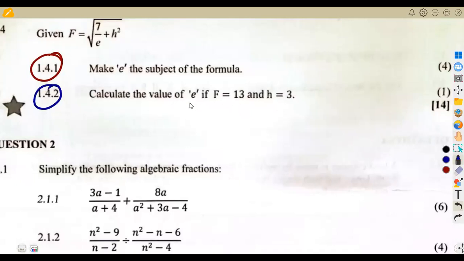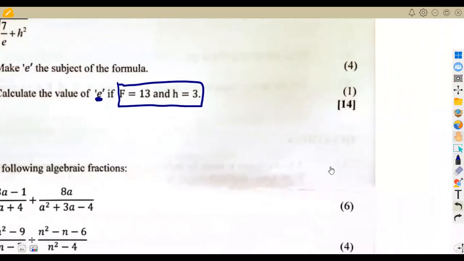By calculating this value of e from these two values, we are supposed to obtain the same answers if we say our formulas are the same. But if we get different answers, it means they are not the same, right? To be the same, they must give us the same value of e. So this is how you can prove that the answer you're having is the same.